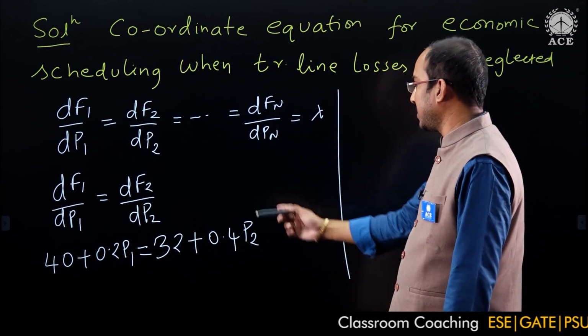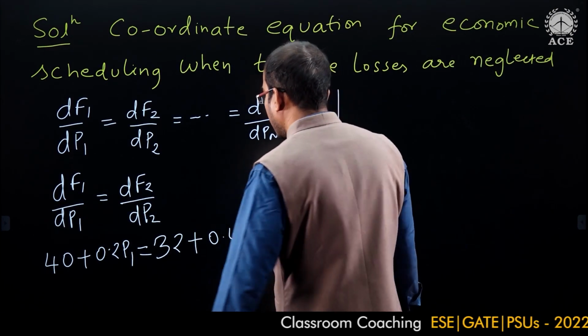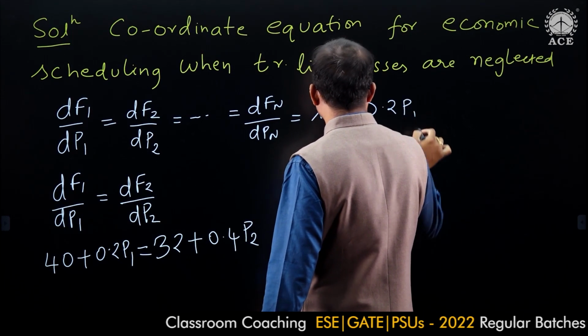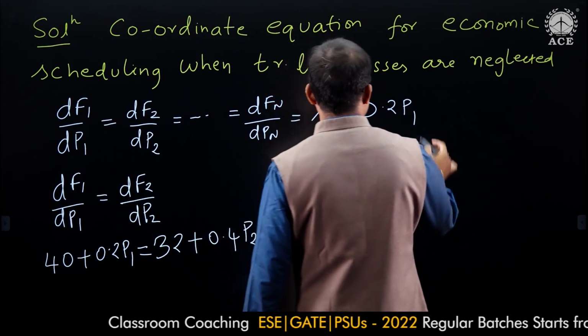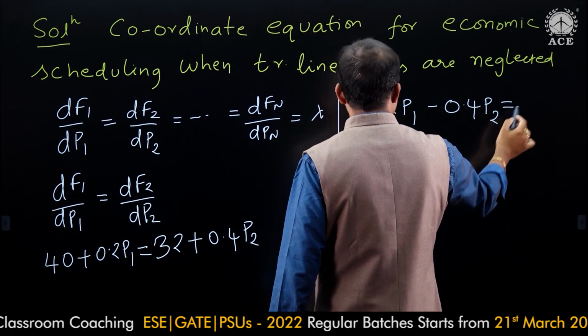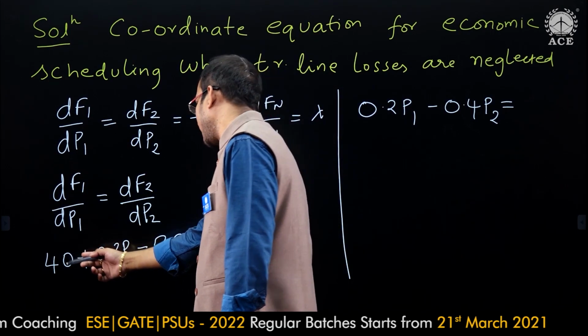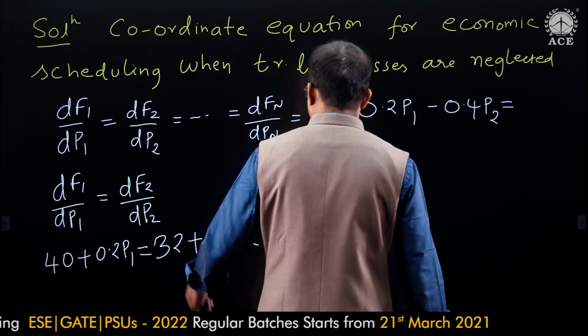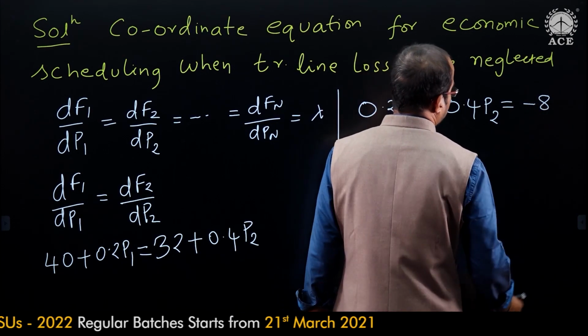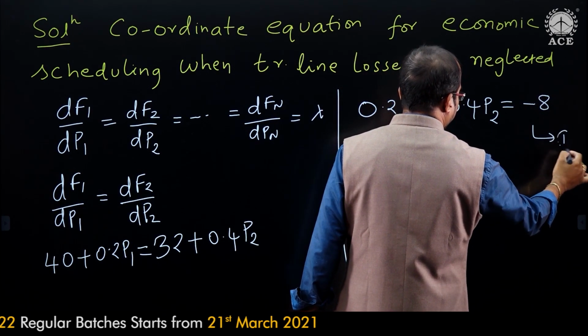So if you simplify this, we get 0.2 P1, take this 0.4 P2 on the other side, minus 0.4 P2 is equal to, bring that 40 on this side, that is minus 8. So let it be equation number 1.